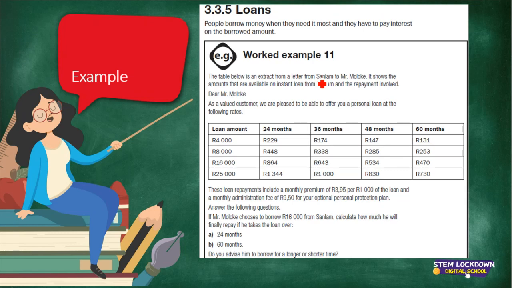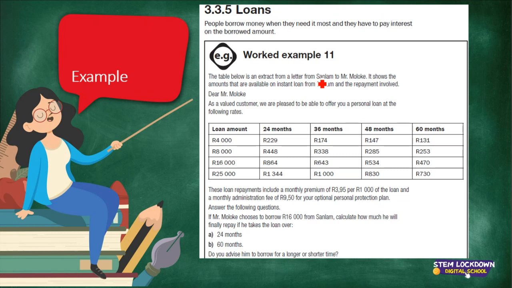Very important. 48 months, 48 divided by 12, that should be 4 years. And 60 months, 60 divided by 12, that should be 5 years, right? So these are the years. It's very, very important that you actually analyze all of this before you start. Okay, my handwriting is getting there.